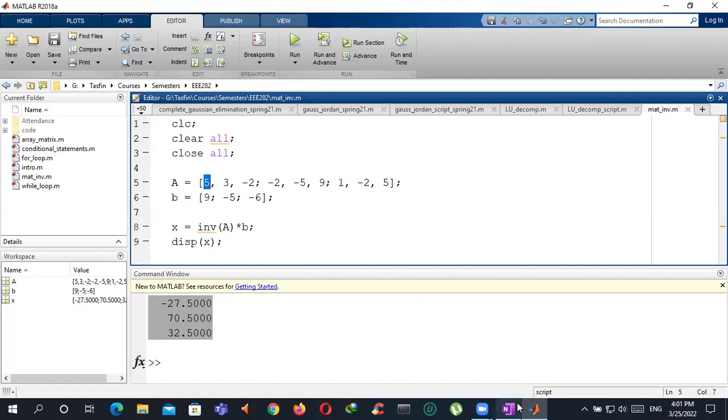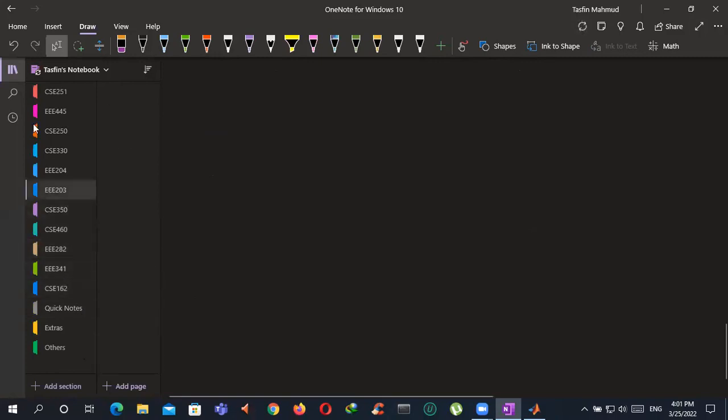So let's assume you have got a system, or after performing KVL, KCL, or mesh analysis or nodal analysis, let's try to solve a system of equations that we have already.